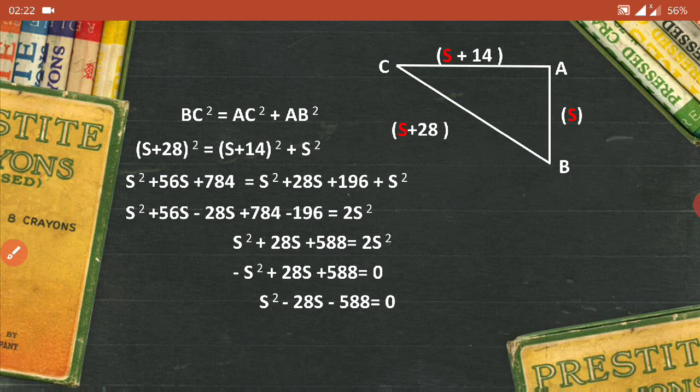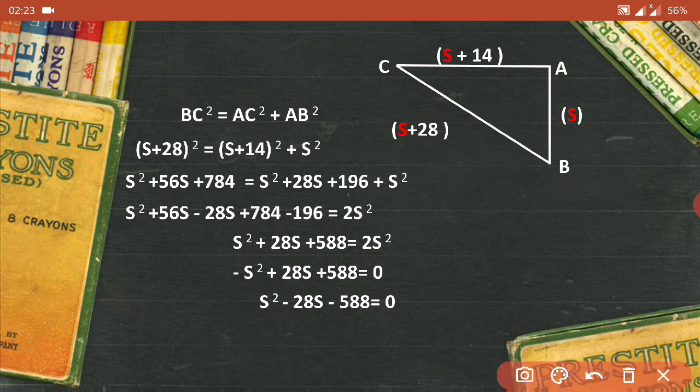Now in the next step, what we have to do is get all the like terms together and calculate it. Whatever you can cancel or add, you just do it, and then what you will get is S square plus 56S minus 28S plus 784, and this 196 which is on the right hand side, you bring it to the other side, it will become negative 196, and S square plus S square will become 2S square.